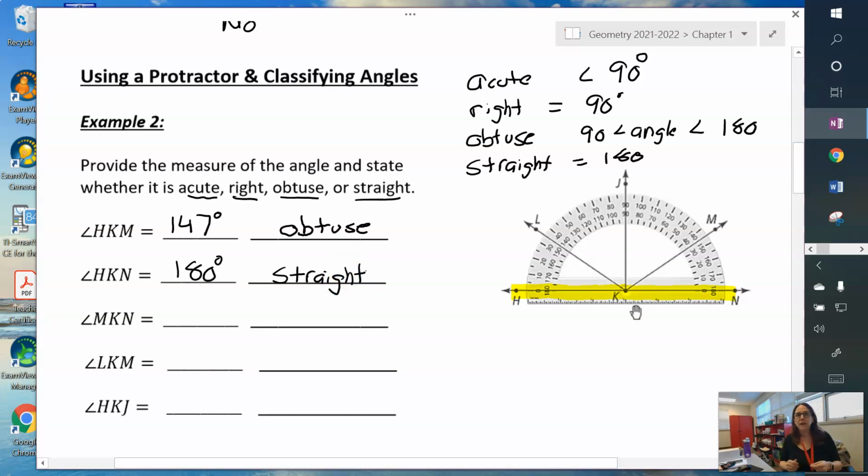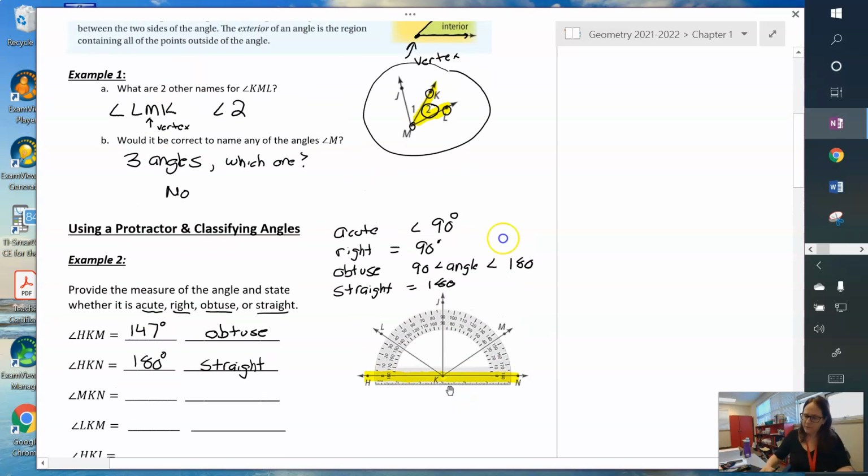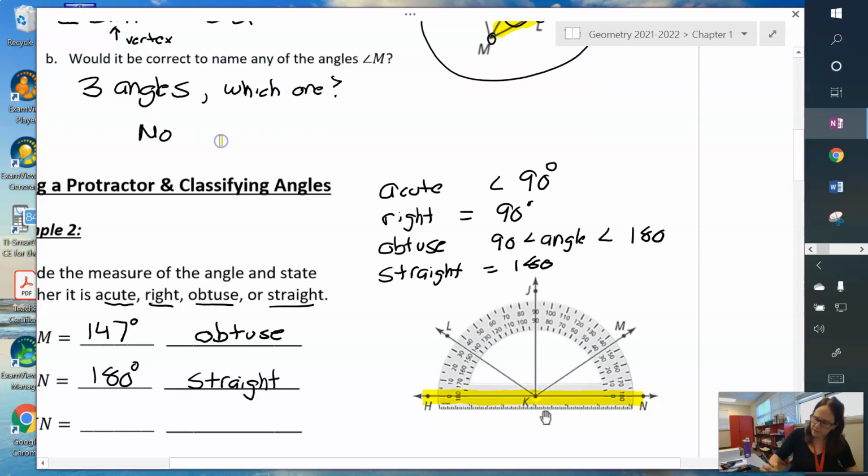So if you see a line and I'm asking you what the angle measure is, it's 180 degrees. Now MKN. So now we'll start at M. We'll go through K and go to N.